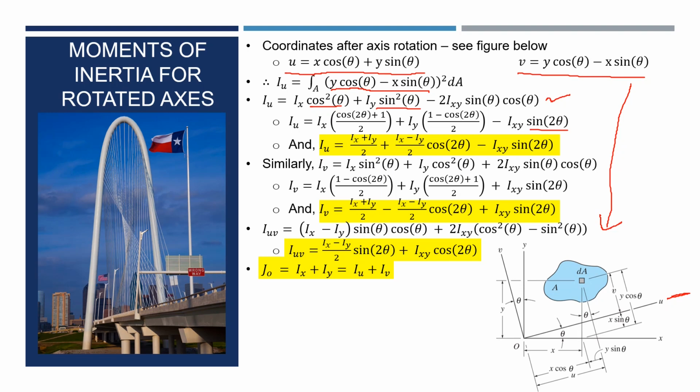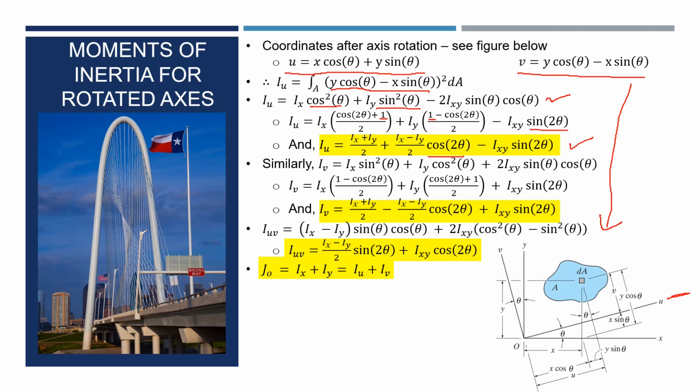Now we can rearrange. We get Ix plus Iy times 1 divided by 2. And then we get the common factor cosine 2 theta. So we get Ix minus Iy times the cosine of 2 theta minus Ixy sine 2 theta. So this is our finished formula for I sub u.